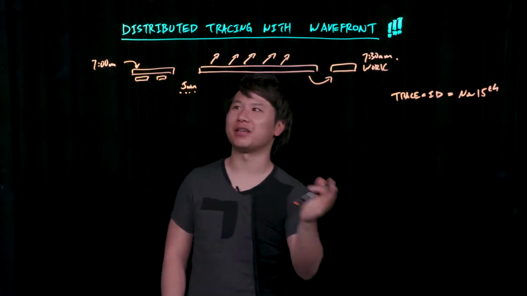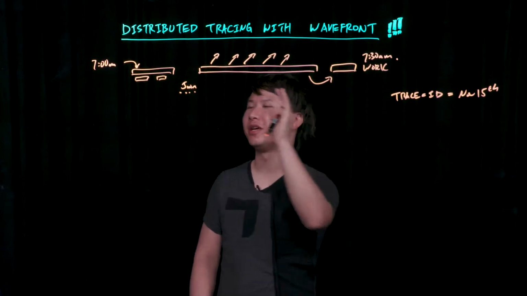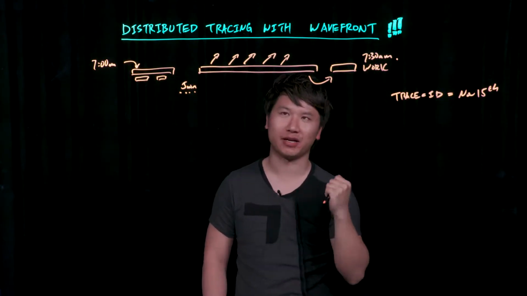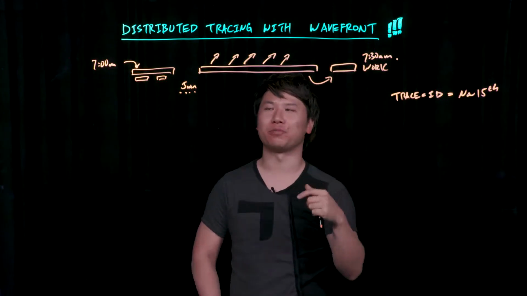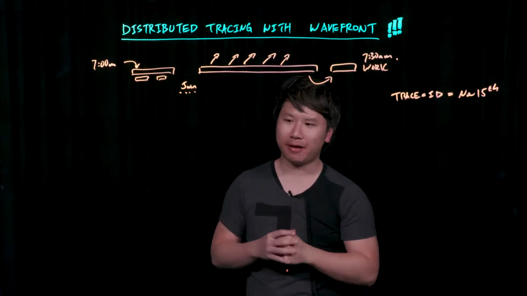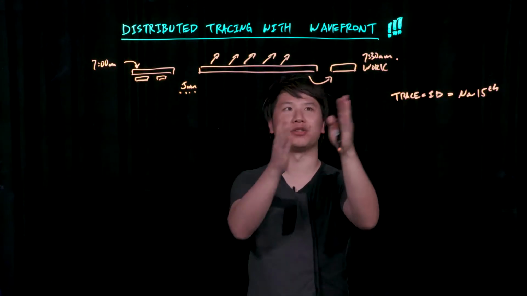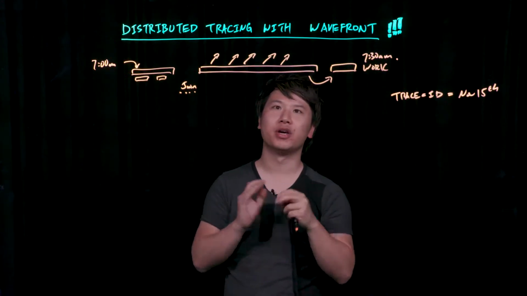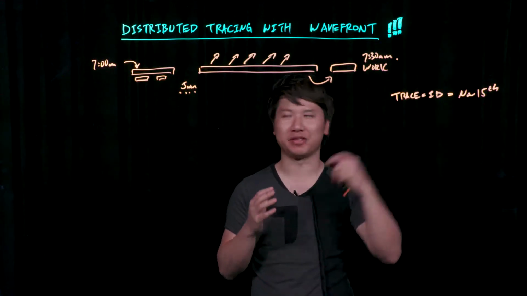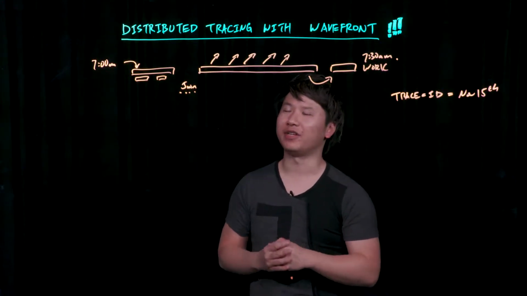That's your trace ID, and all of the things that happened, whether it's pulling out your app, pressing the button to get a ride, the driver app phoning home and telling your ride company where you are, as well as you getting dropped off and getting charged, all of that relates to a single trace, which in this case is your November 15 commute.